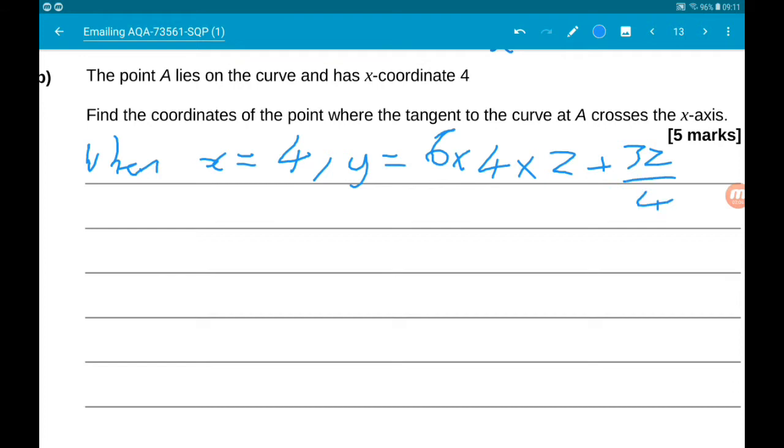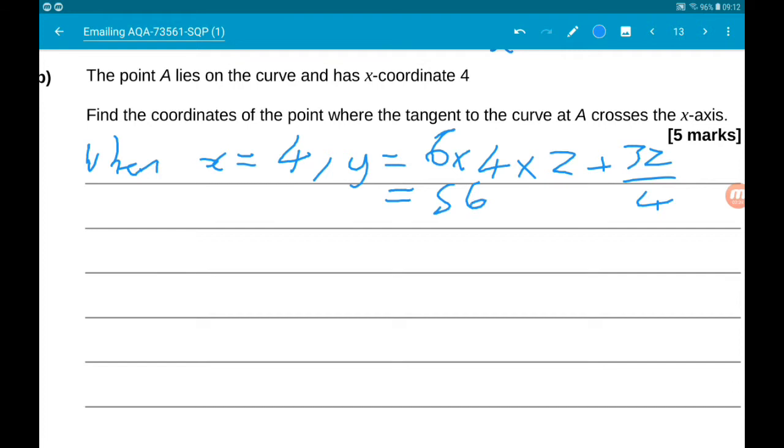So 6 times 4 is 24, times 2 is 48. 32 over 4 is 8. So our y coordinate is 56.